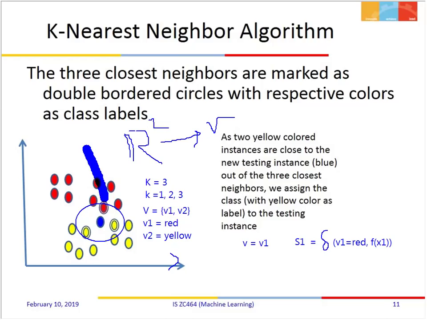So I'm trying to label these points. This is x1. Then I'm taking the second point, which is the yellow point, and I'm marking it as x2.